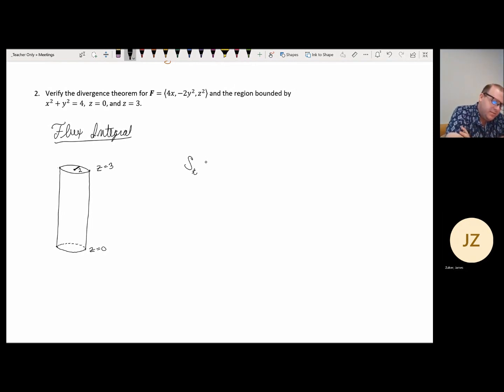For the top, well, the top is a circle at height 3.